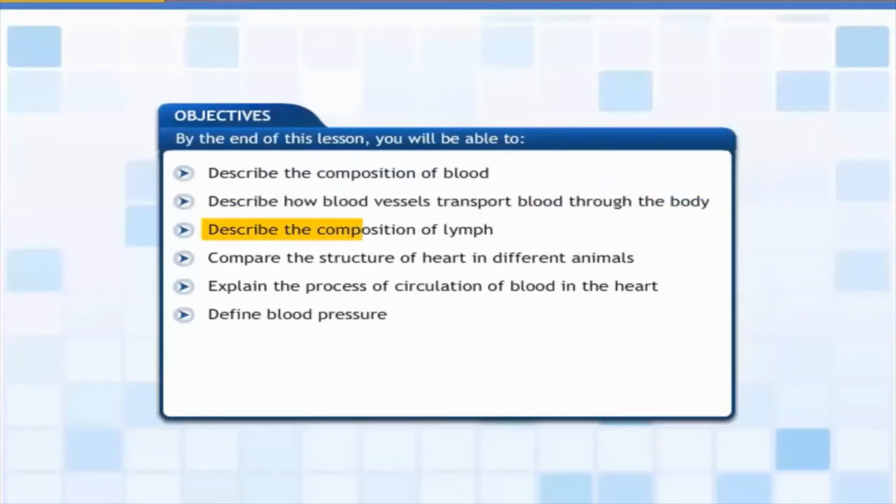Describe the composition of lymph. Compare the structure of heart in different animals. Explain the process of circulation of blood in the heart. And define blood pressure.